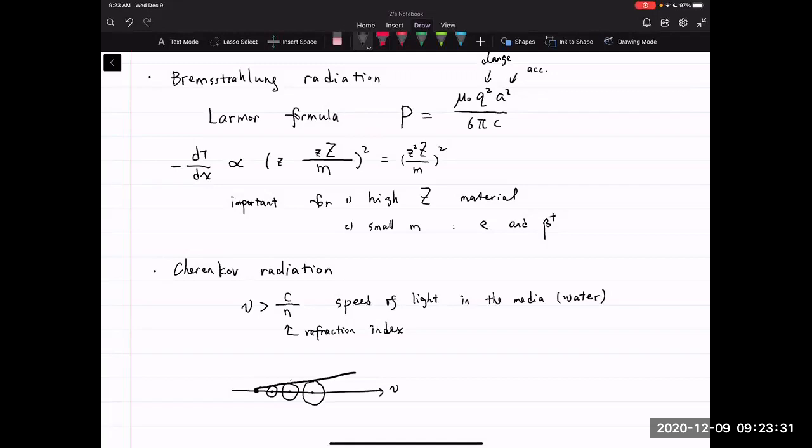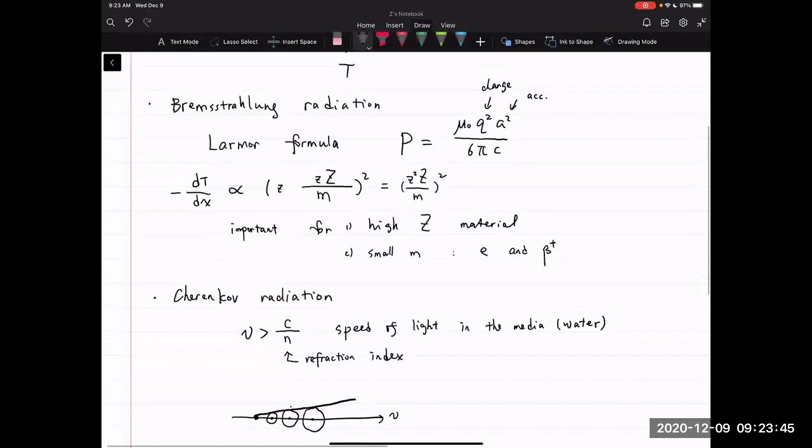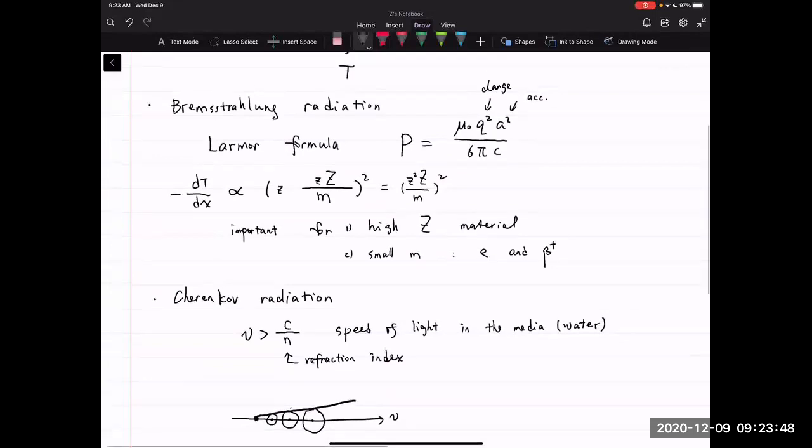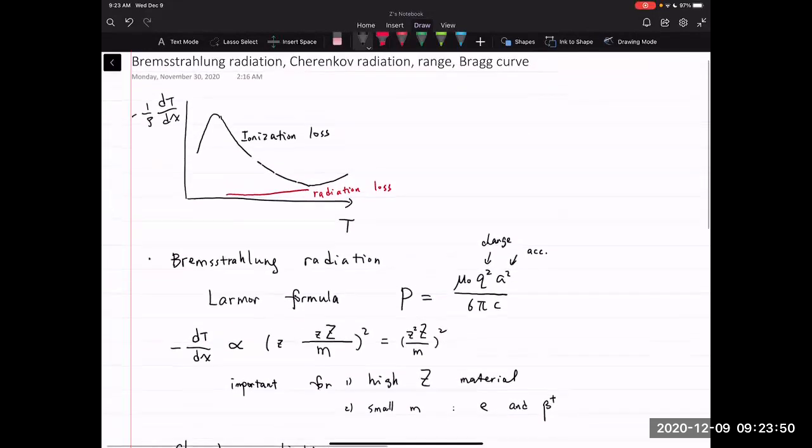When they travel through water, they generate the Cherenkov radiation, and the color of the radiation is blue. Okay, so these are another two mechanisms for charged particle interaction with matter.